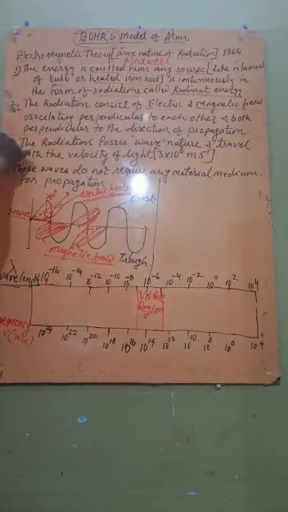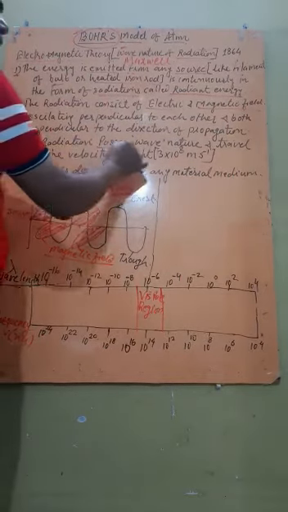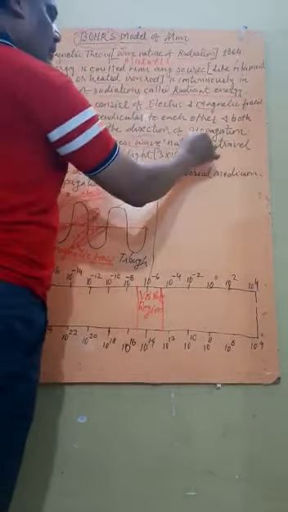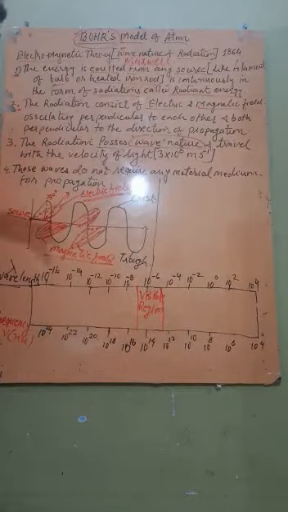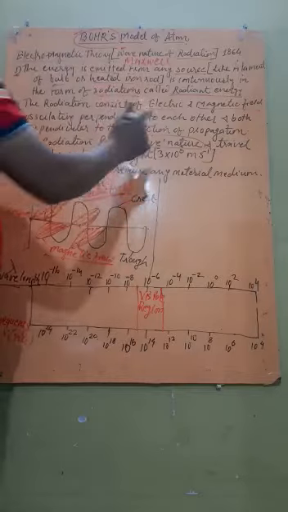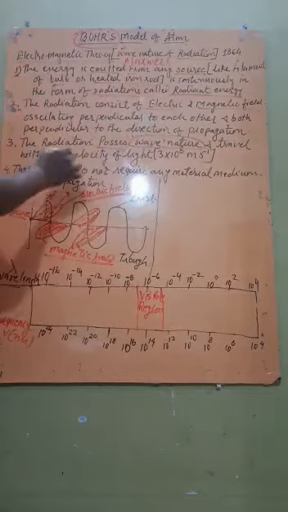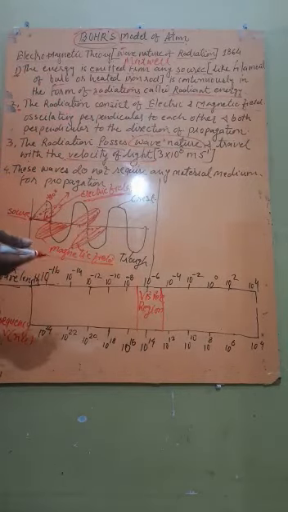The third very important thing is that the radiation possesses wave nature. Here the nature of the radiation is given. This is wave nature, like it is moving continuously. Wave nature, and it travels with the velocity of light. That is, it is very fast. It travels with very great speed.